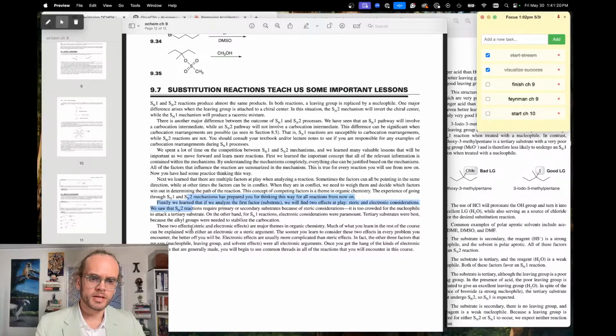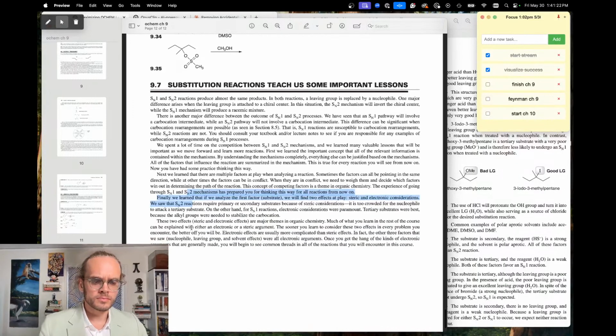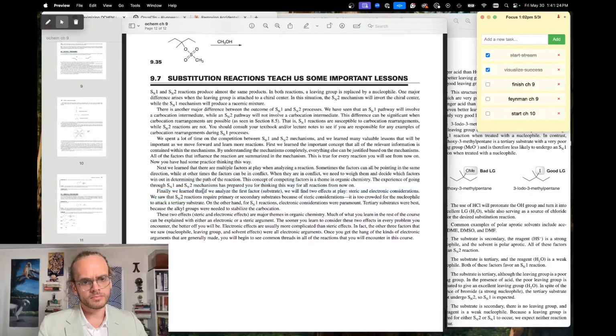So it's the competing factors. Steric and electronic effects are the big thing. So stuff with electrons and stuff with the size of the particles.